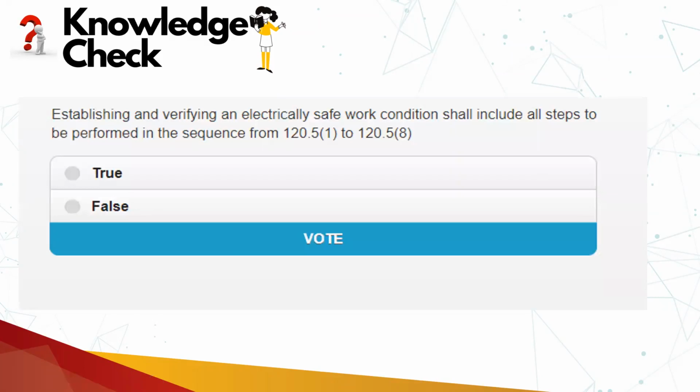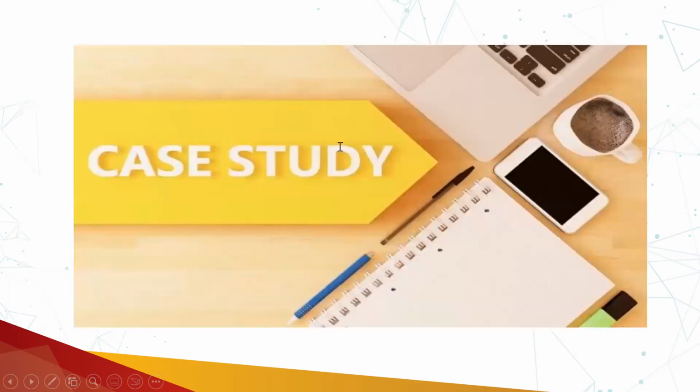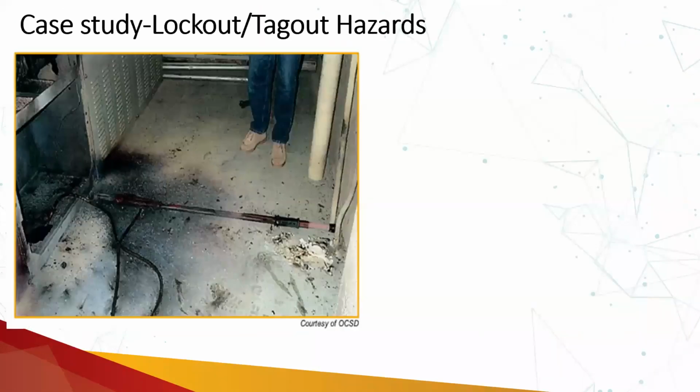Establishing and verifying an electrically safe work condition shall include all steps to be performed in sequence. Yes, we cannot change the sequence given in the standard, because if we change the sequence, what is going to happen? For example, in this type of incident, this particular person might have changed the sequence. He followed all the sequence, but before verification for the absence of voltage, he put the grounding there.